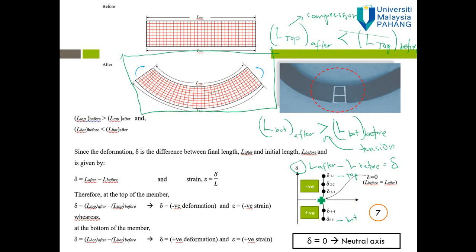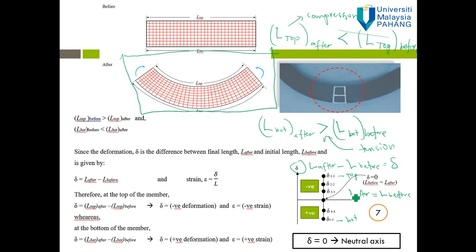From this diagram we can say that there must be a plane, or a surface, where the length is constant. Length is constant means the length after deformation should be equal to the length before deformation.